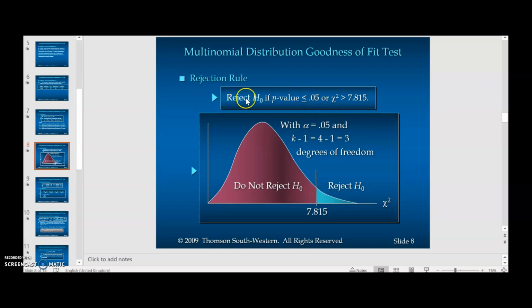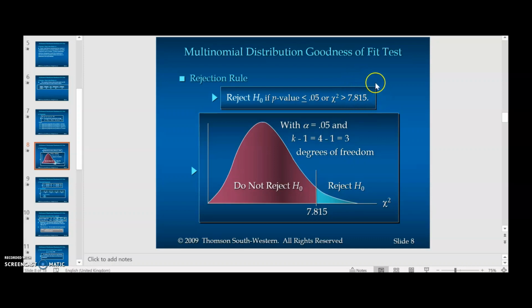Or we reject the H null if the chi-square is larger than the chi-square critical of 7.815. So we reject the H null when the chi-square statistic is larger than the chi-square critical that is equal to 7.815.